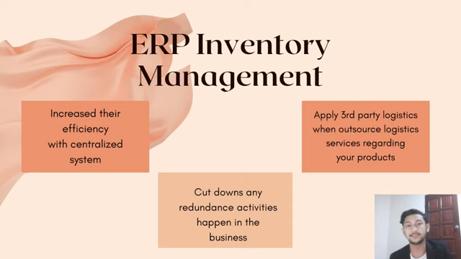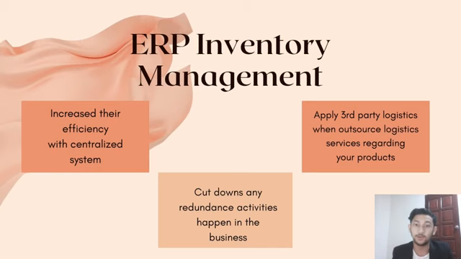Moreover, this ERP inventory management will make the supply chain of your business transparent, which means this ERP inventory management system enables you to integrate with external partners to ensure all the systems communicate with each other, which means the stock, the order, and the shipping information are synchronized across the entire supply chain.